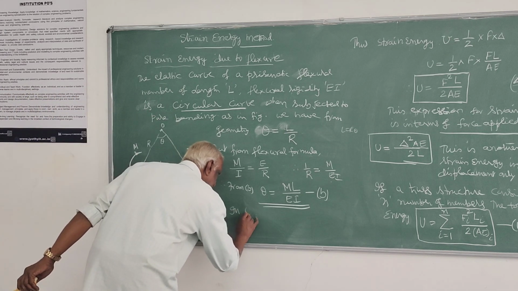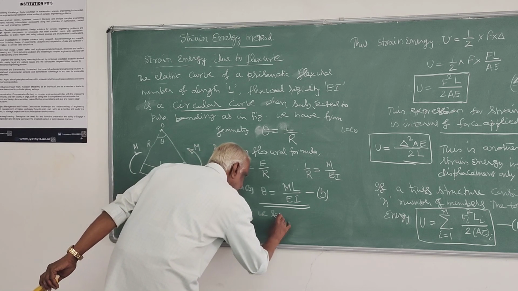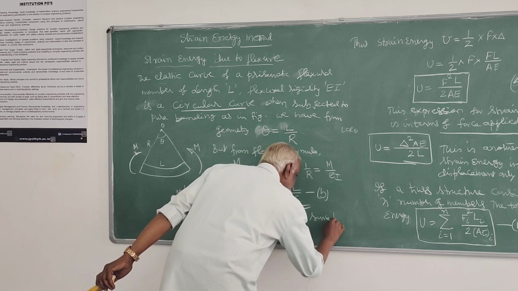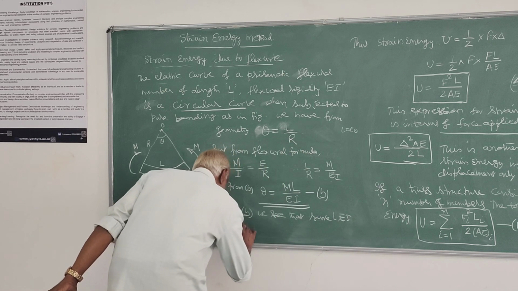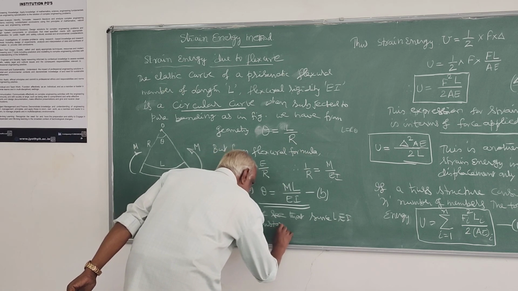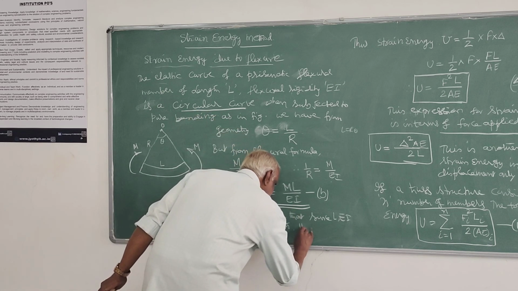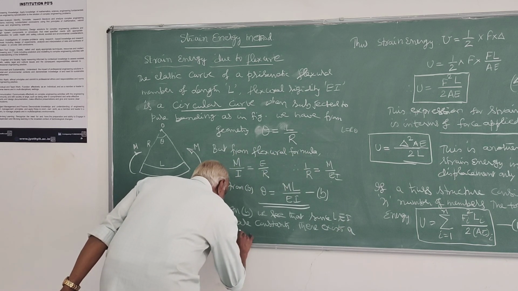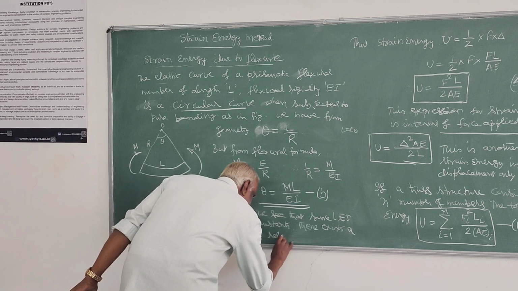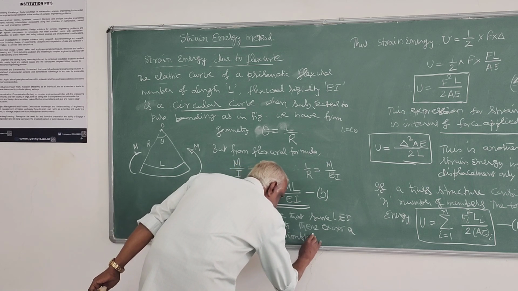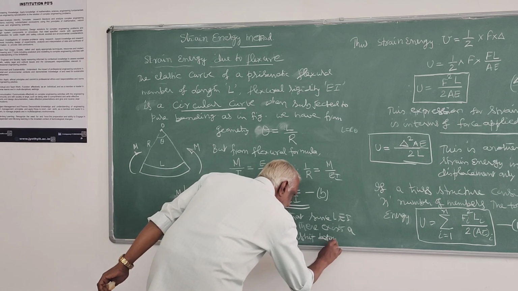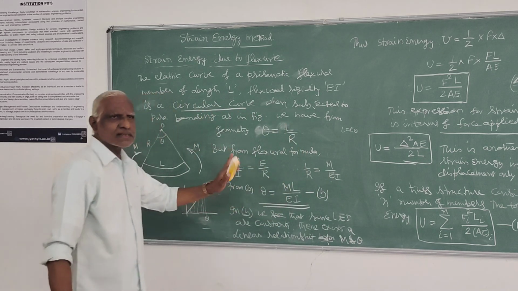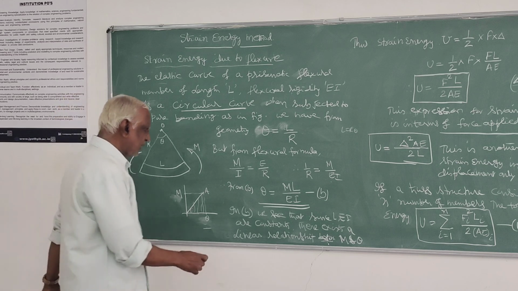So in B, we see that since L and EI are constants, there exists a linear relationship between M and theta, as in the figure.